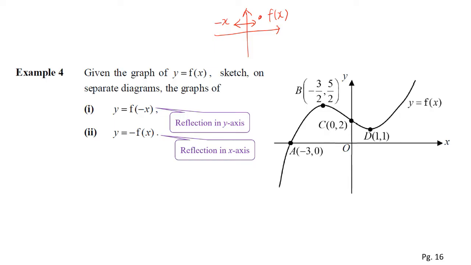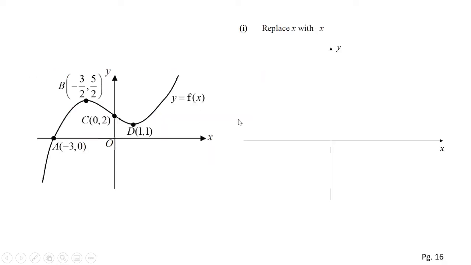That indicates to me that the y-axis is going to be the axis of reflection. This is just my own visualization. I hope it helps you, but I don't want you to sketch this, because it's not very accurate. So this is how we know that f of negative x refers to the reflection in the y-axis.